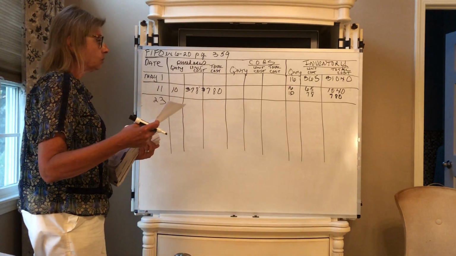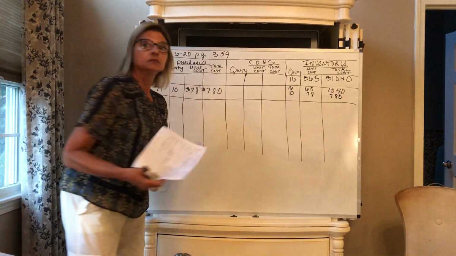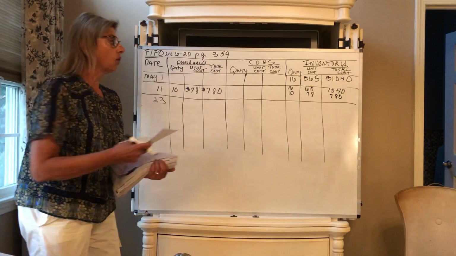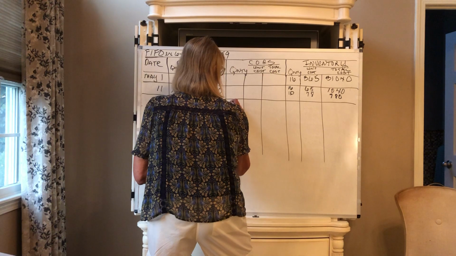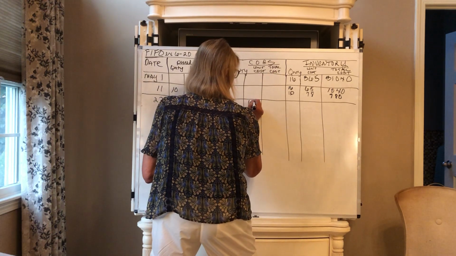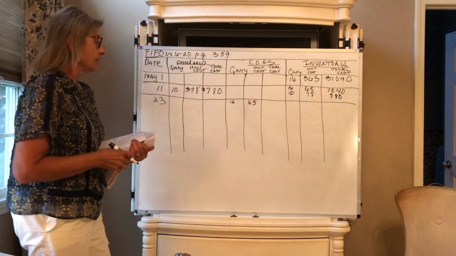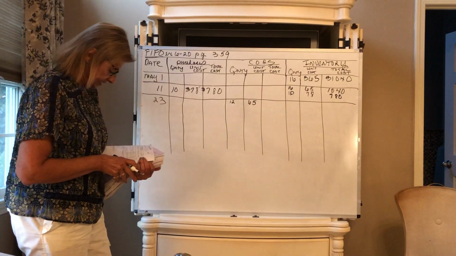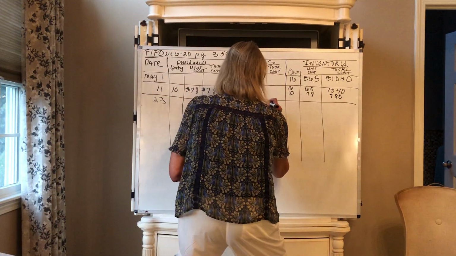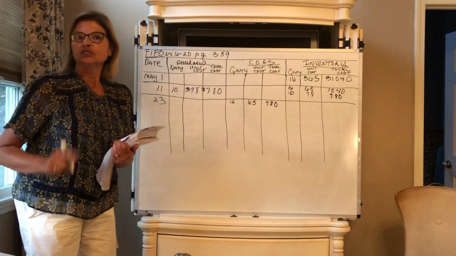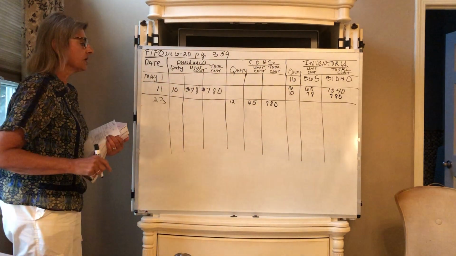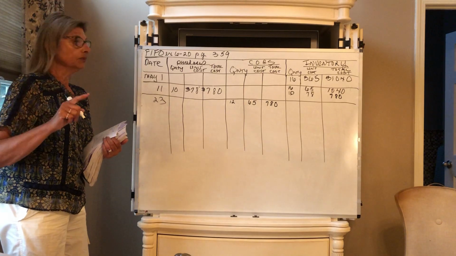Okay, so 12, we have enough of the old ones to sell all 12 at $65. So 12 units we're selling at $65 our cost. Multiply that, the extension is 780. I hate when they repeat numbers, it's so confusing. They do that all the time in this book. Not just this book, many books.